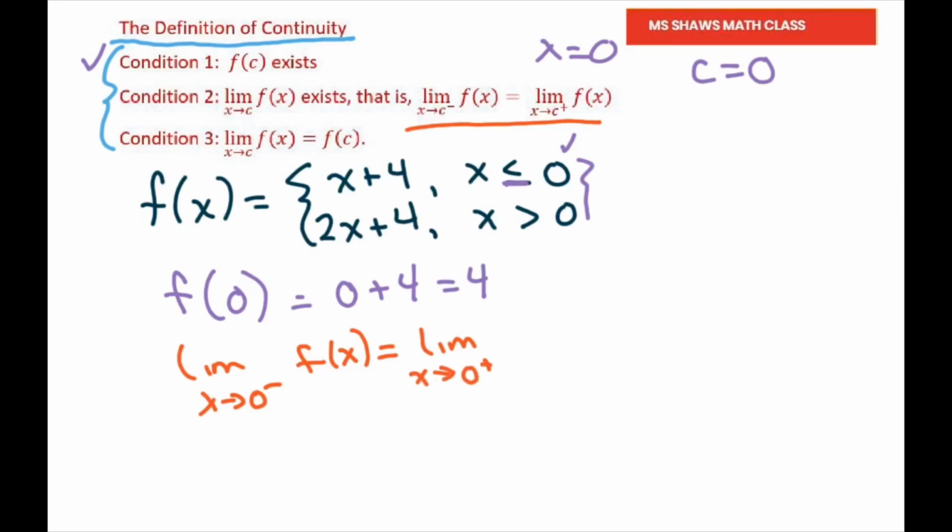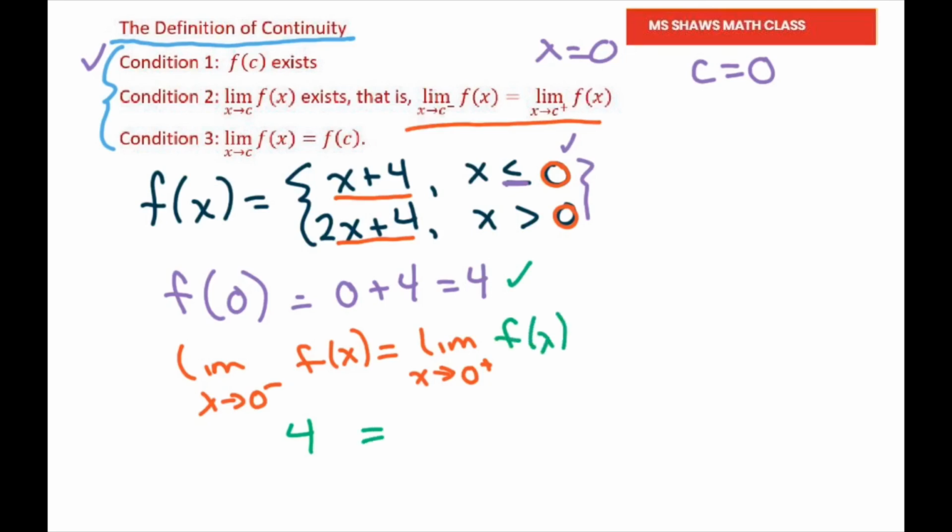And all that means is the numbers to the left of 0 fall into this function, and the numbers to the right of 0 fall into this function. So for the left of 0, you just plug in 0, and we already did that, and we know that equals 4, and this should be f of x here.